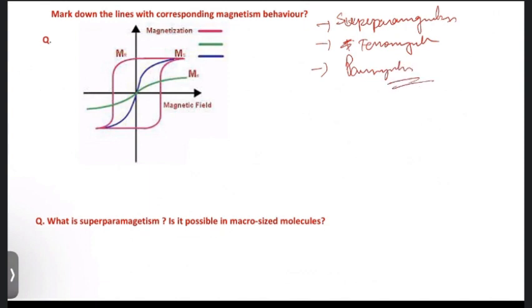So tell me, the blue colored line belongs to? Blue colored, ferromagnetism, right? Blue color. No, no, wrong. Blue, that violet, ferromagnetism. Yes. Green.